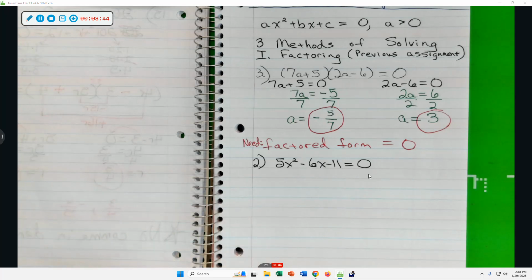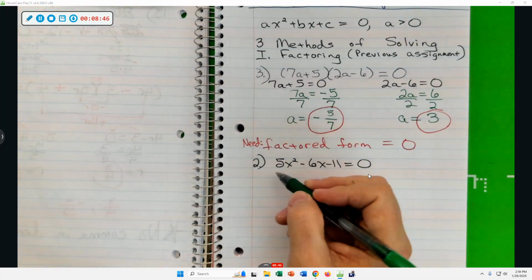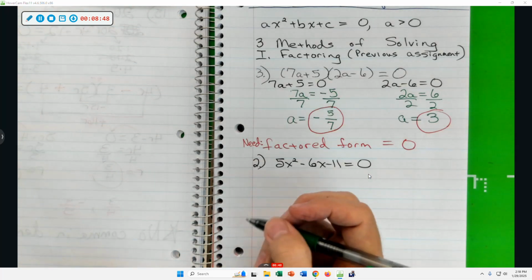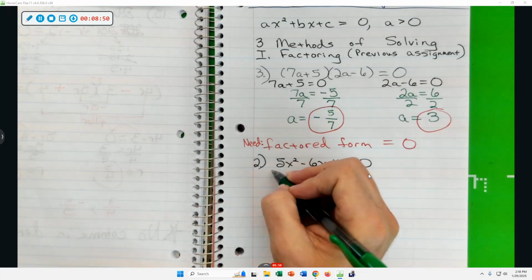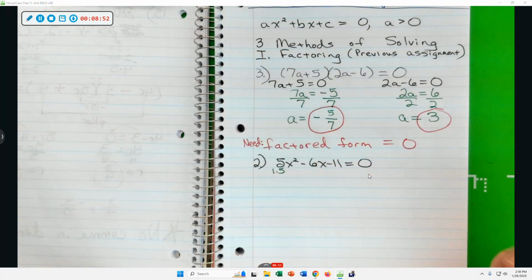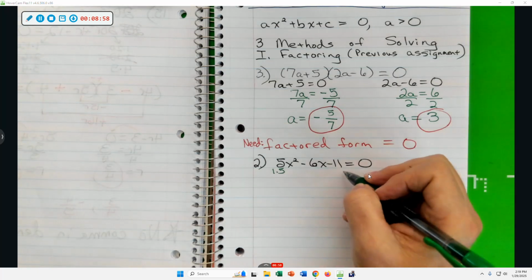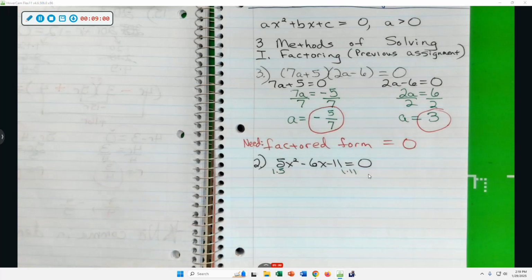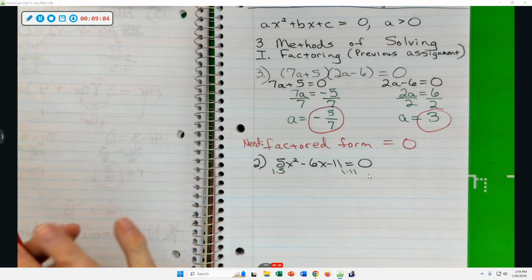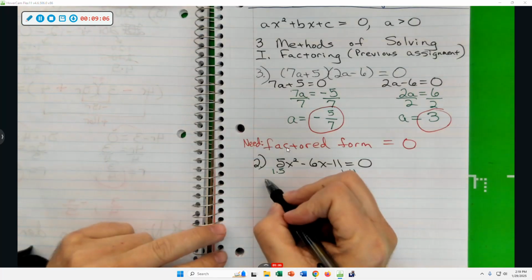Let's see. We need factors of 5. Well, that's nice. 1 times 5, that's it. Actually, this is nicer than I thought. Look at 11. That's a prime number, 1 times 11. So this shouldn't be too hard. Do you remember what we know about the signs?